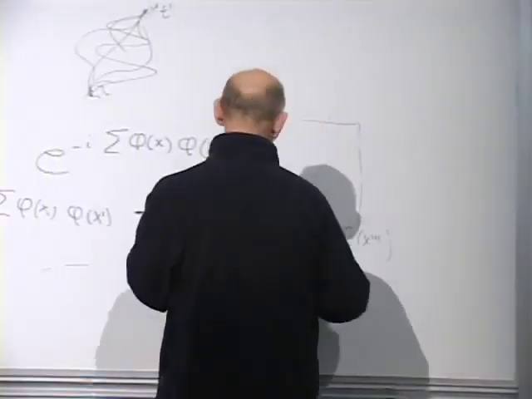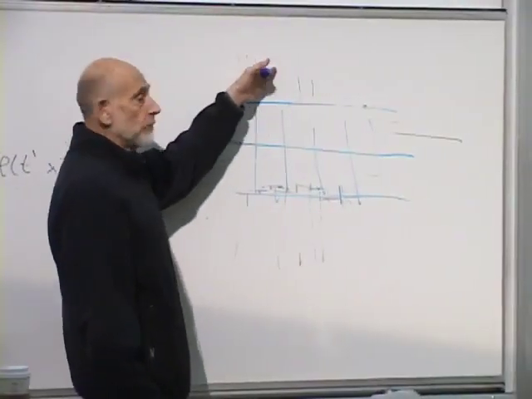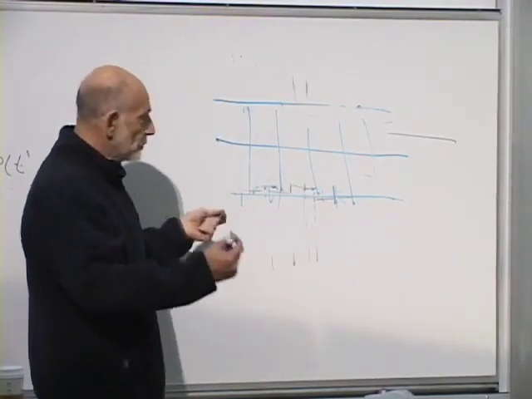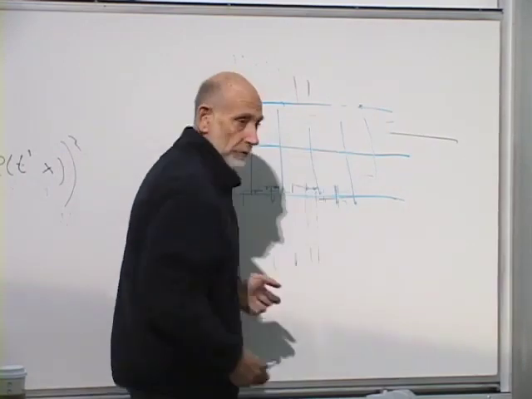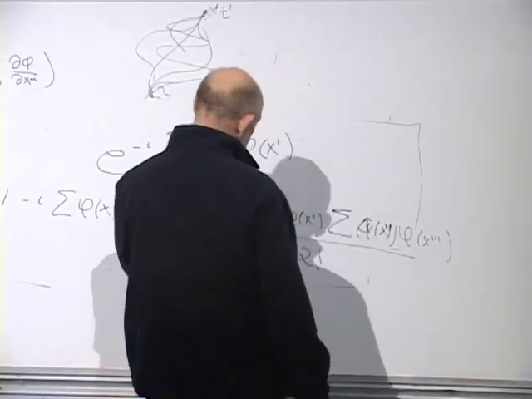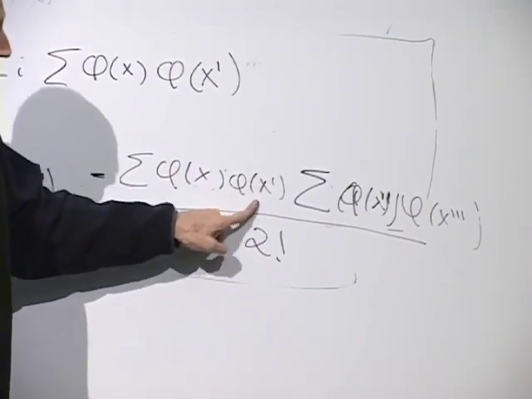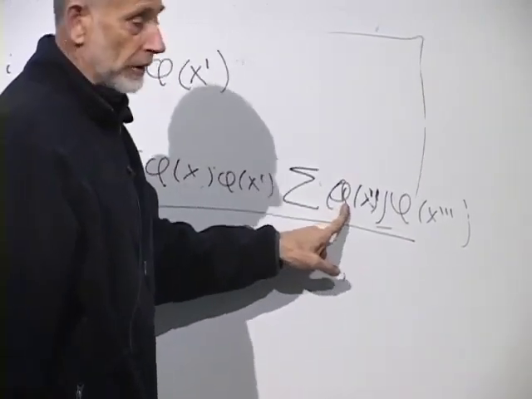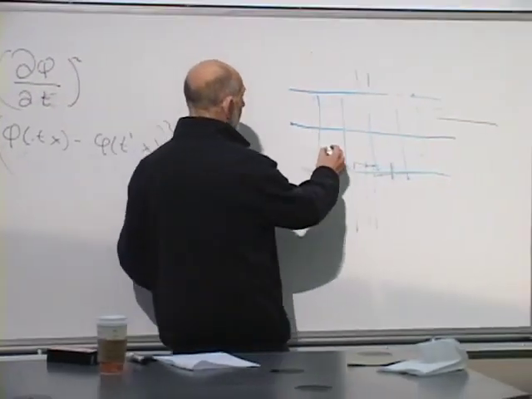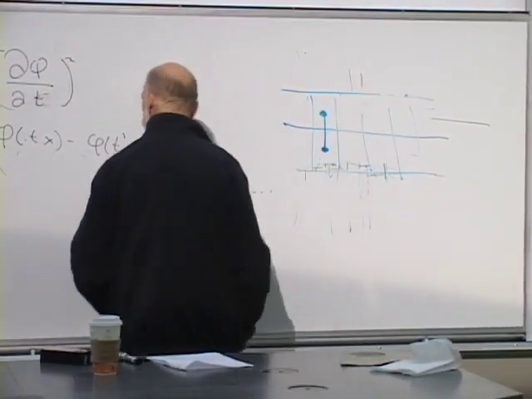Now remember what this term did for me before. Before, it allowed me to hop 3 units. But that same term allows two particles each to go 1 unit. Look at it. This can create a particle. This can annihilate it. This can create a different particle and annihilate it. This corresponds to a graph where you start a particle in here and it goes to here.